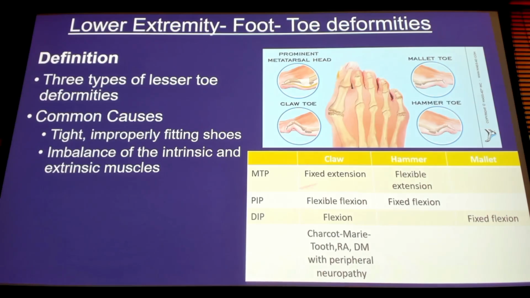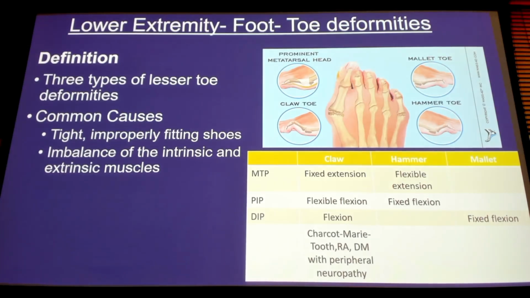For a hammer toe, the DIP is generally not affected, or it may be affected, looking at this picture right here. May or may not be affected. However, the PIP is locked in flexion.